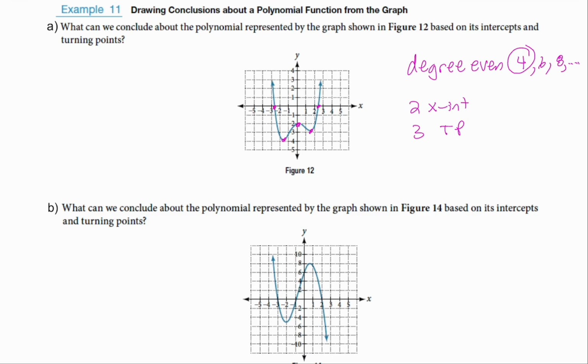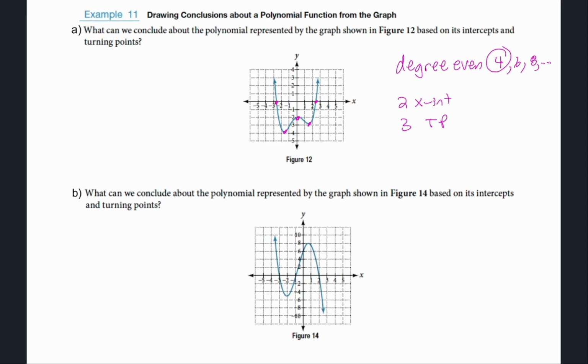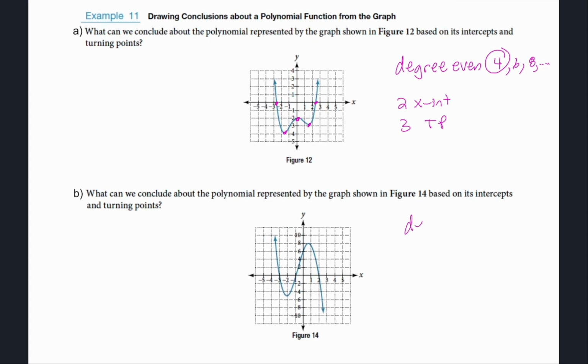Okay. Let's look at this one, this 11b. The degree has to be odd. Why do I know that by looking? Well, the left end's going up and the right end's going down, opposite directions. Degree has to be odd. It's hitting the x-axis in 3 spots, so there are 3 x-intercepts.